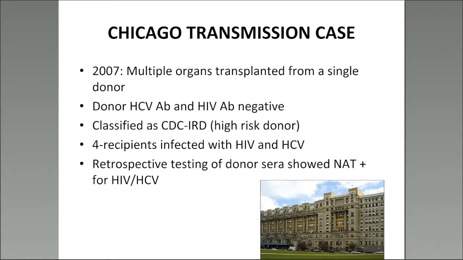He was an MSM donor, and the antibody for Hep B and Hep C and HIV were negative, and 4 recipients were infected with HIV and hepatitis C. Retrospective testing of the donor showed that the NAT was positive, so this was a window period infection. And back in 2007, of course, there weren't great treatments for hepatitis C, and 2 of the recipients actually died from hepatitis C.